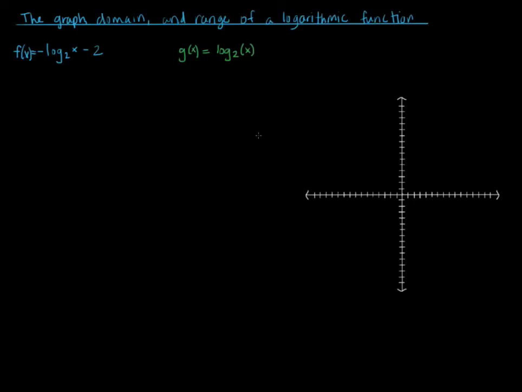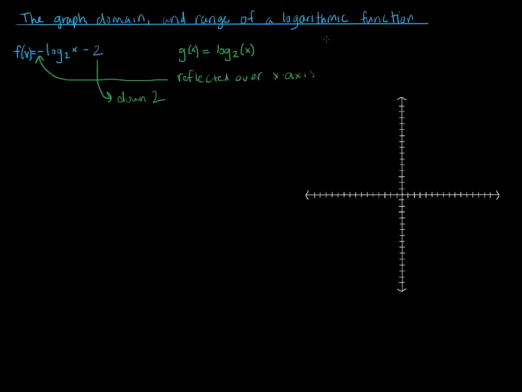It's going to be reflected over the x-axis because it's negative. So that's going to be this part. And then what's going to happen with the minus 2? Well, minus 2 is just going to shift it down 2 at the very end. So let's go ahead and graph log base 2 of x.